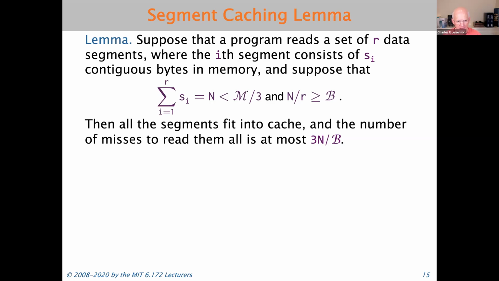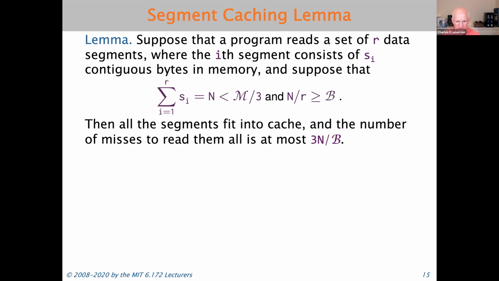Let's call N the total number of bytes, and we'll assume that N is less than 1/3 M, the size of the cache. So it can be basically the size of the cache, but not quite. What that means is that in principle, the bytes in all of the R segments fit into cache.